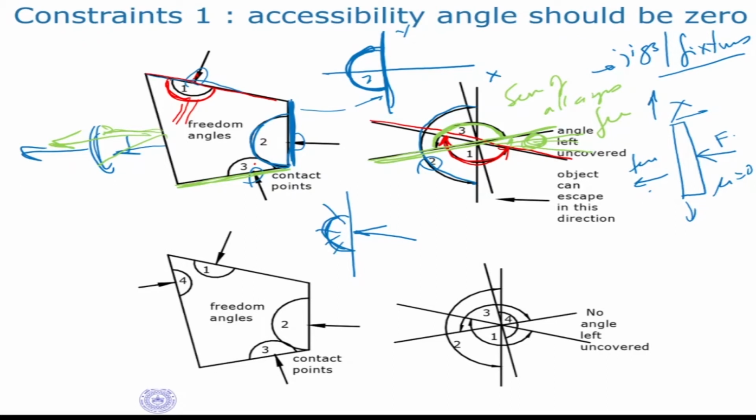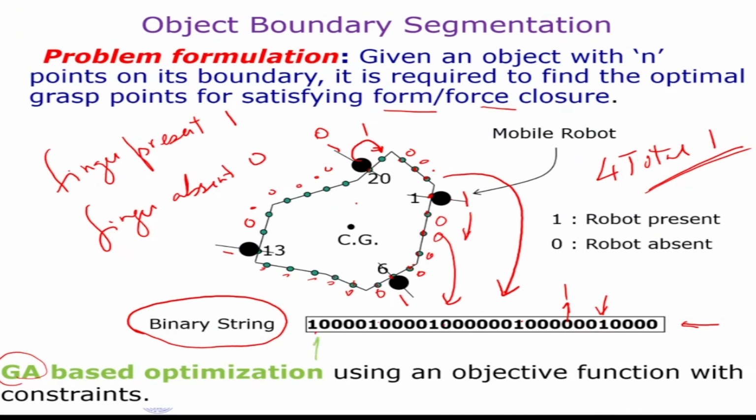Now the program can very easily find this out. How the program can find it out is at every point. Now, how does it know at which point the finger is there? Basically, it goes back to the string. The binary string actually tells us at which point on the boundary the fingertip is there. For example, 1 finger is here. So it knows this is the first point, this is the second point, and these are vectors, right?